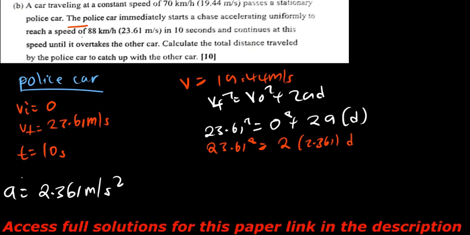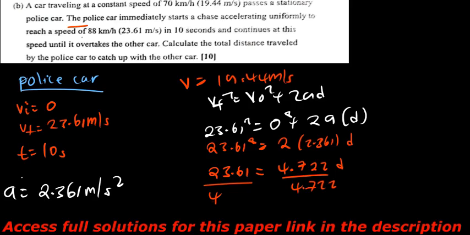2.361 times 2, it is 4.722, this d. So divide it by 4.722. So this is squared, let's not forget. So these will cancel out. What will be our d?